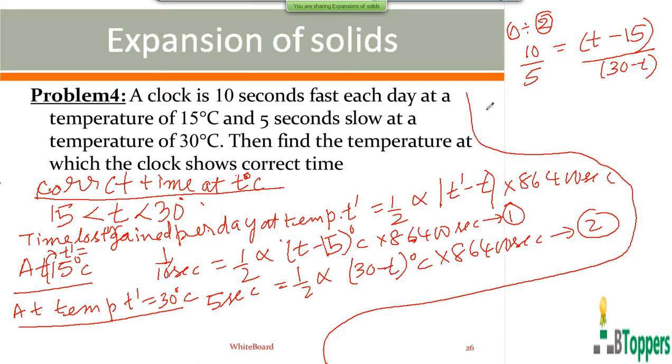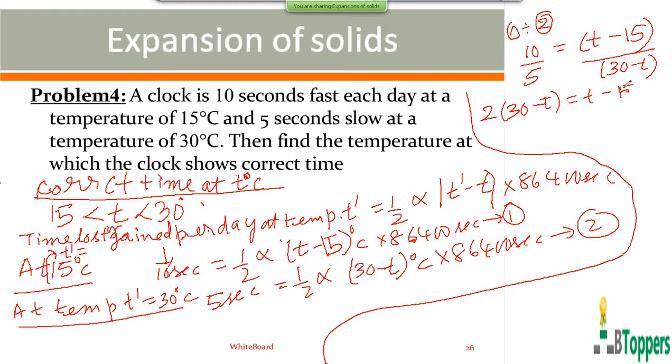On the right hand side, half alpha gets cancelled and 86,400 also gets cancelled. So you get 2 into 30 minus t equal to t minus 15.